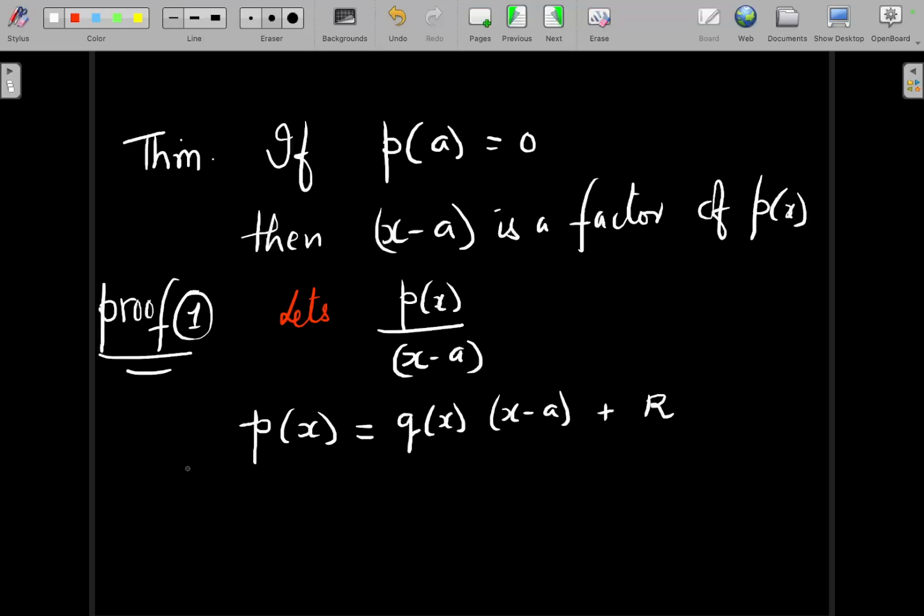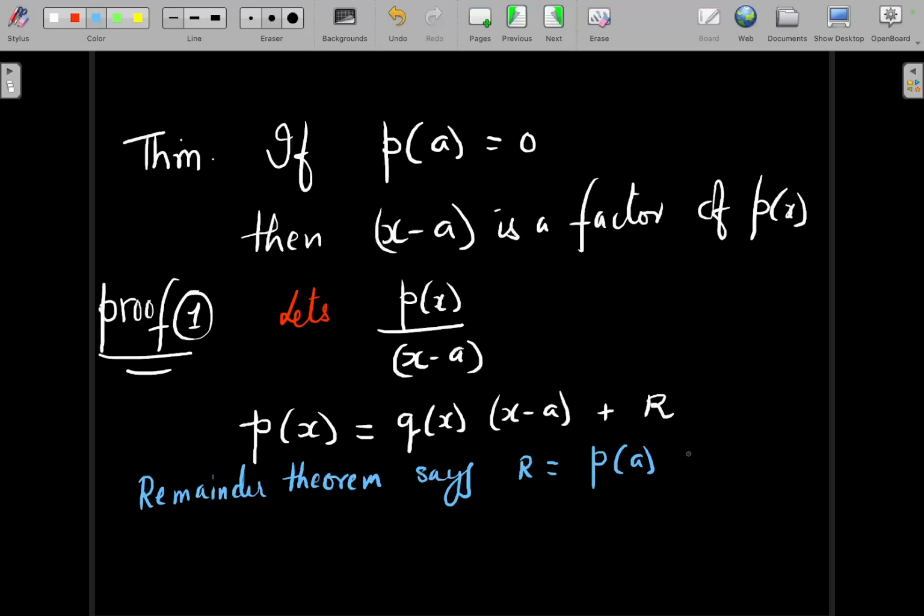But now the remainder theorem, which is going to be used in this proof, says R is equal to p of a.